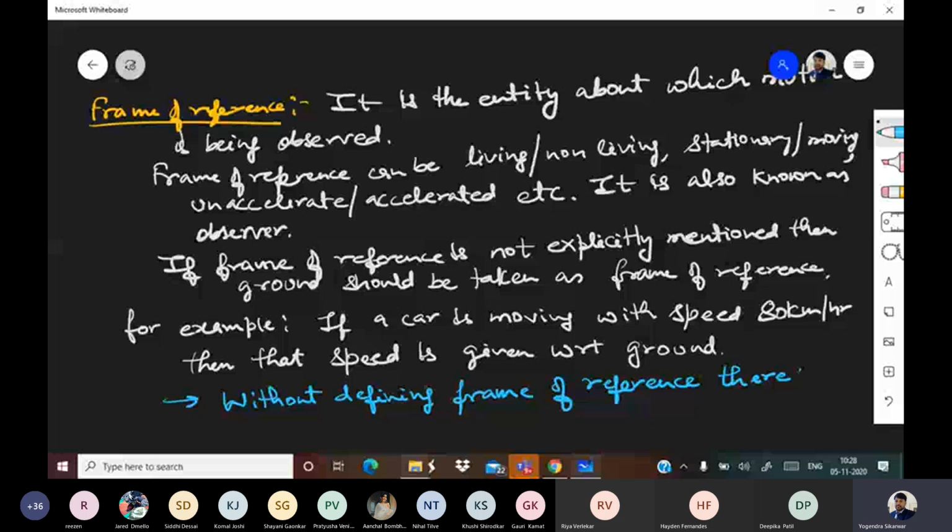Okay. Same object can be stationary or it can be moving at the same time depending on who the observer is or what the frame of reference is.